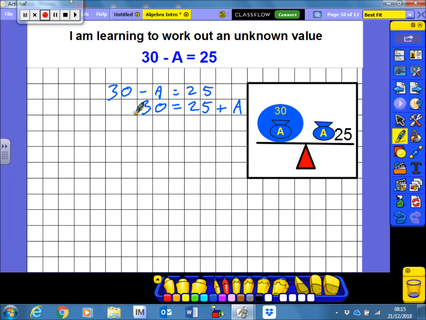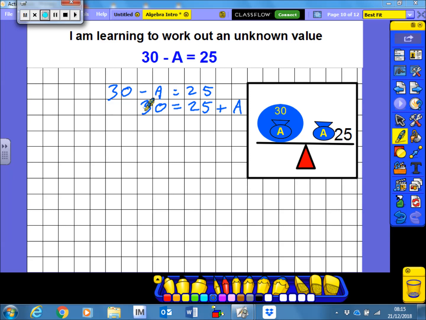But it doesn't matter what's on what side of the equal sign. In maths, you can swap things on either side of the equal sign and it still makes sense. So now it is just a normal algebra sum. I'm going to read it from right to left, so we've got A plus 25 equals 30.